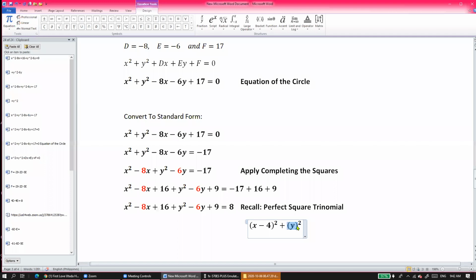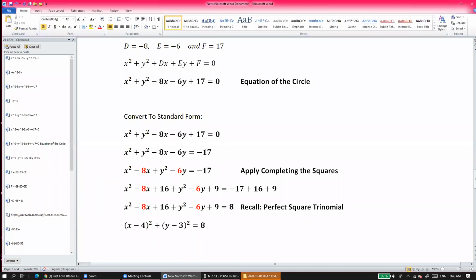The square root of 9 is 3, so I'll type 3. Equal 8. And that is now our equation of the circle in its standard form.